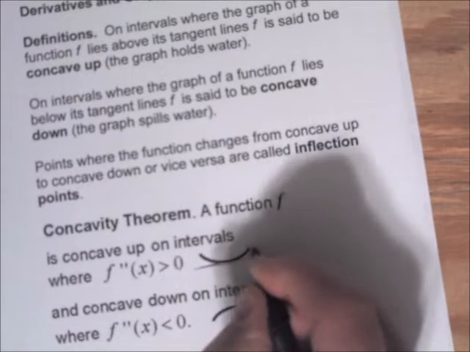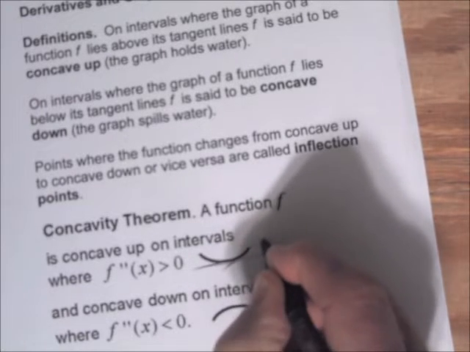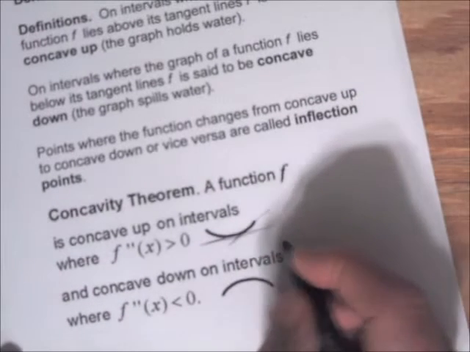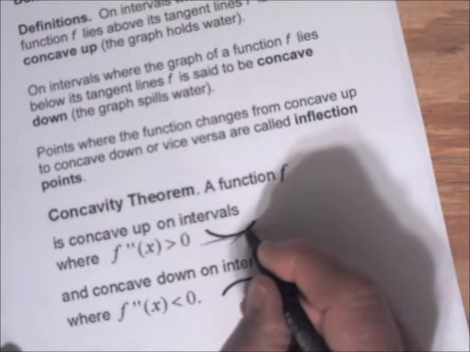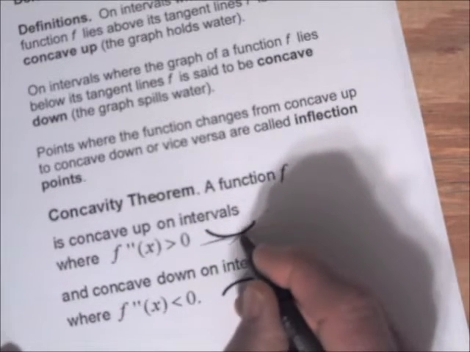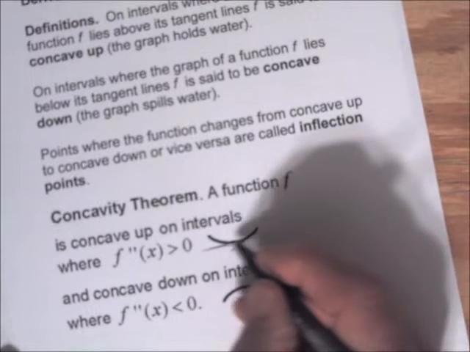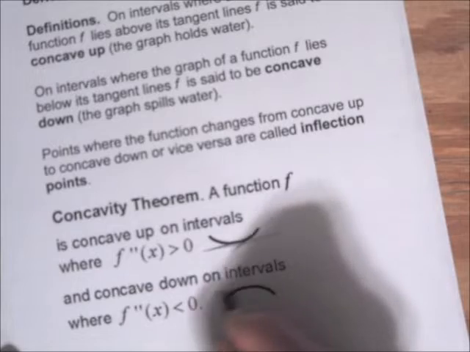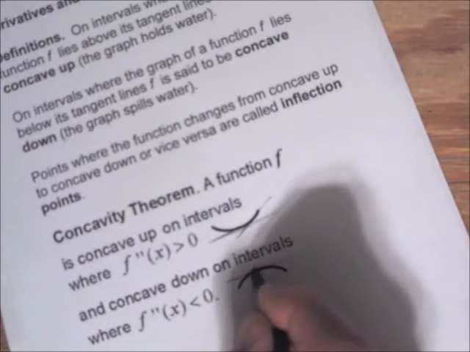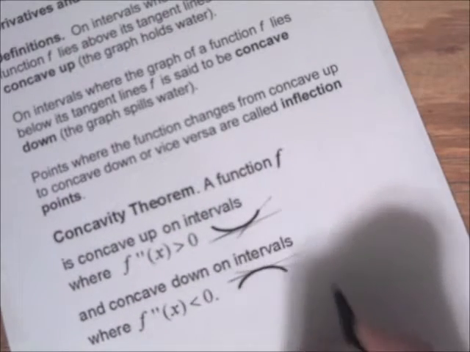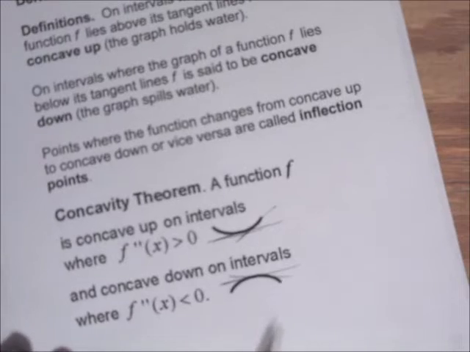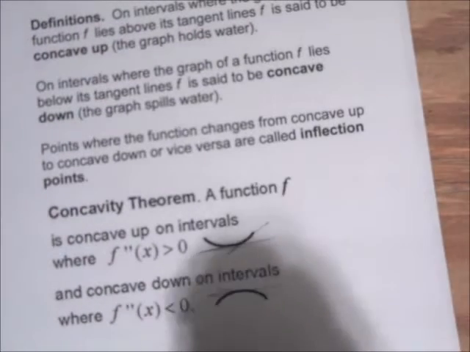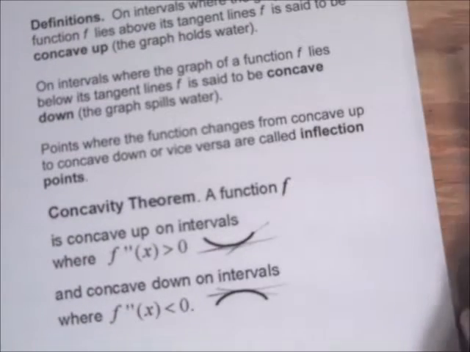I'm drawing a couple of tangent lines. Except for the point where it touches, the tangent line is below the graph. So that's concave up, it holds water. And on this one here, except for the point where it touches, the tangent lines are above the function. That's where it's concave down, that's where it spills water.